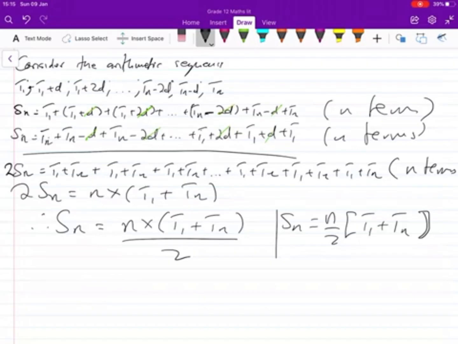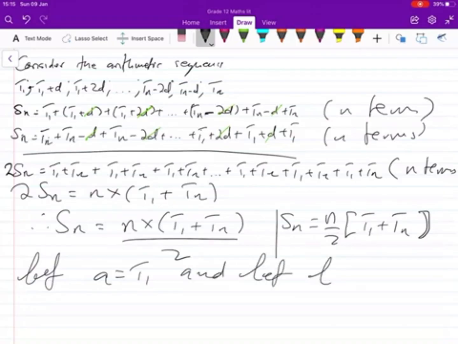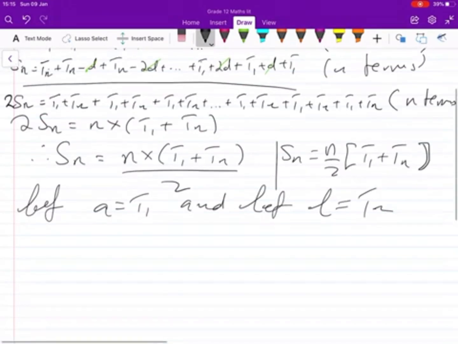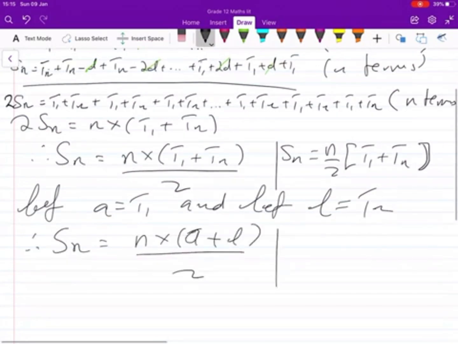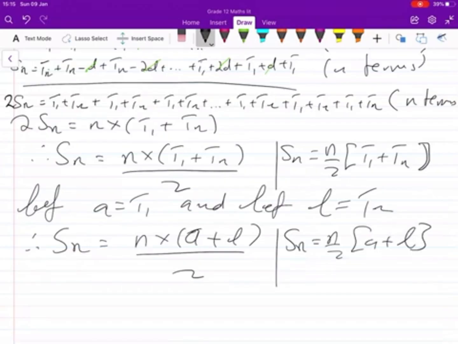Well, T1 is the first term, so let A equal T1, and let L equal Tn. L stands for the last term, therefore our equation is given by n times A plus L over 2, which is the same as Sn equals n over 2 times A plus L. So that is important for you to note.